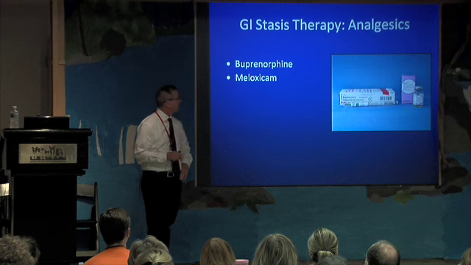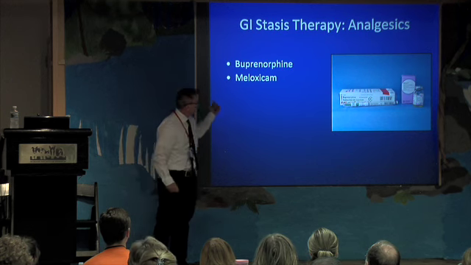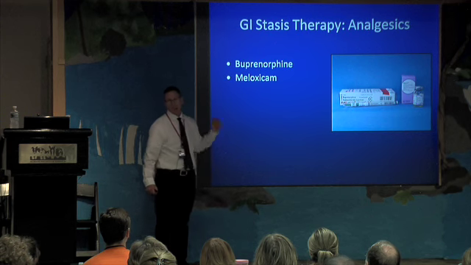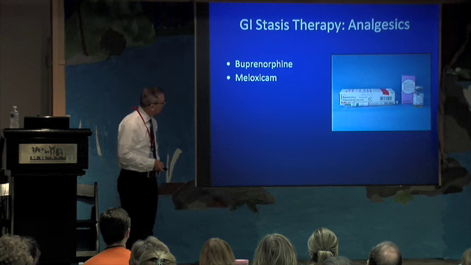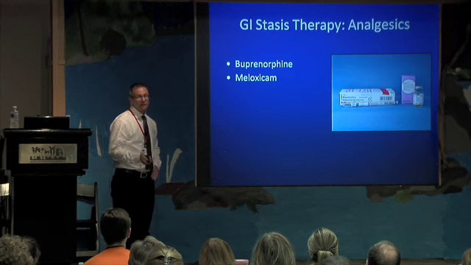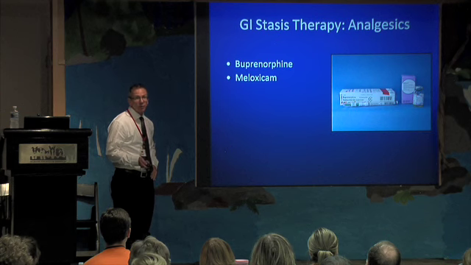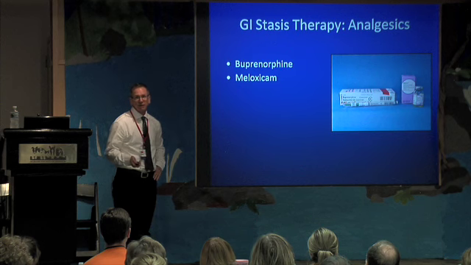So we talk about analgesics and we talk about opioids, of which buprenorphine is a common one, and then of course meloxicam, which we're going to talk about in more detail. I use both of these, and together you can use multimodal analgesia, which means more than one type of analgesic to cover different areas of pain.